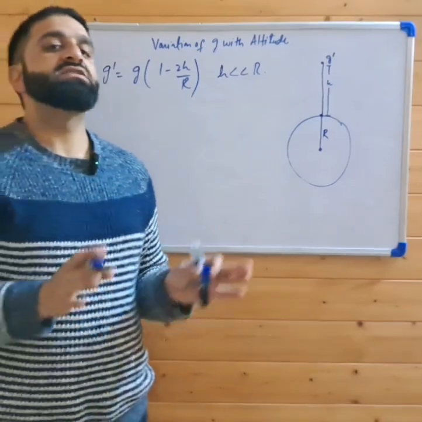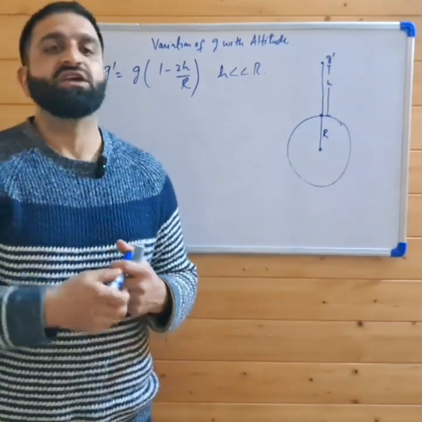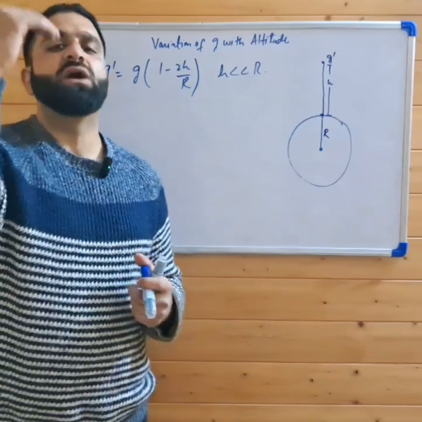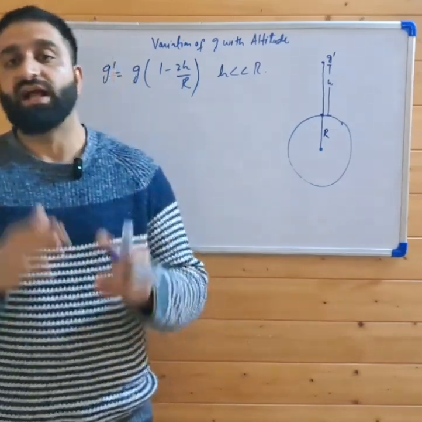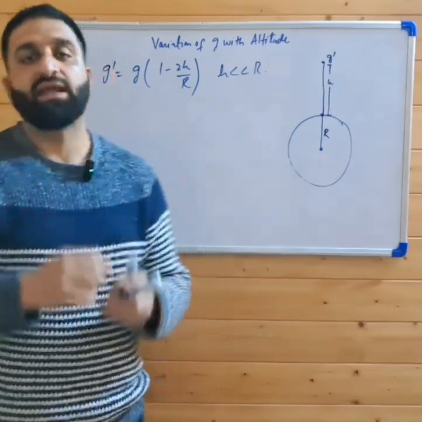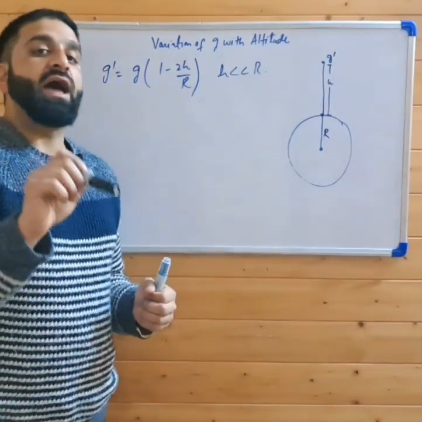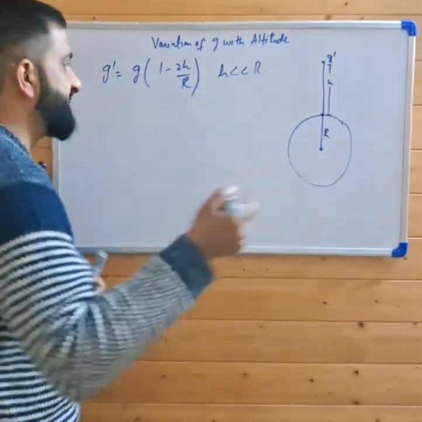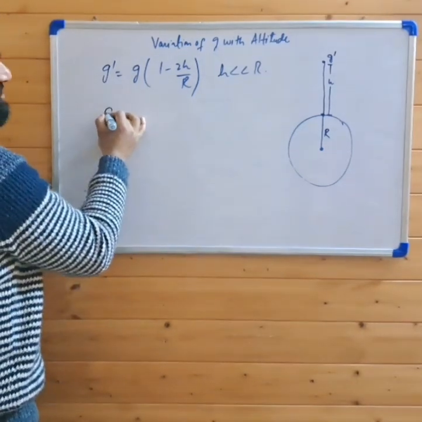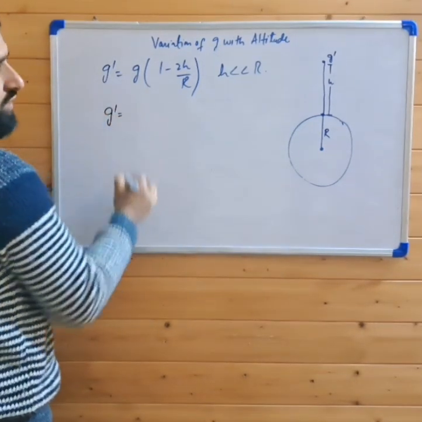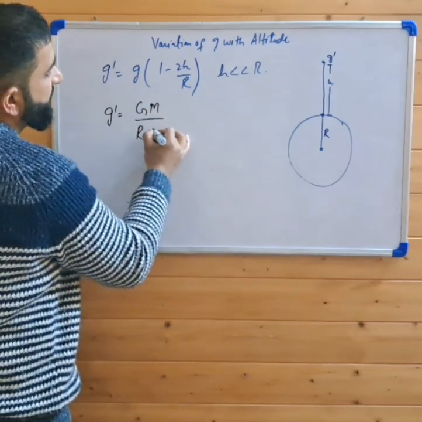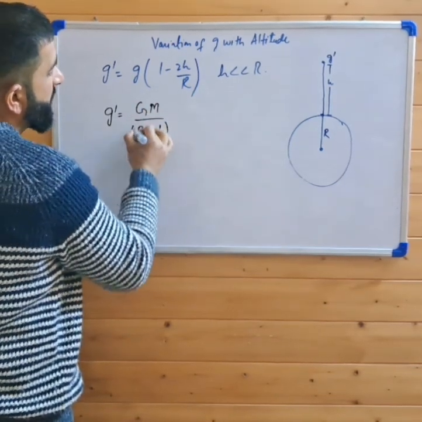If the height is comparable to r, that means if h is equal to r, h is equal to 2r, h is equal to 3r, h is equal to 1.5r, that means the altitude is comparable to the radius of the earth, in that case the value of g dash there will be got by g dash is equal to GM divided by r plus h whole square.